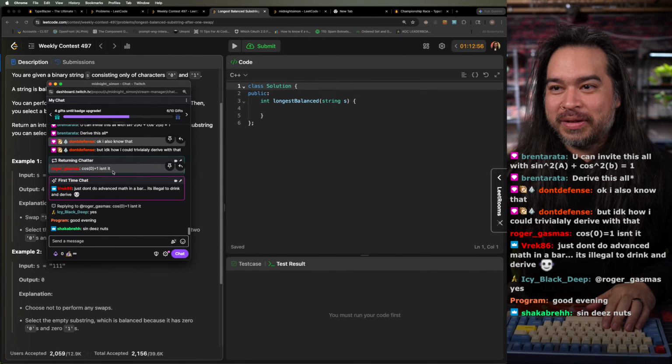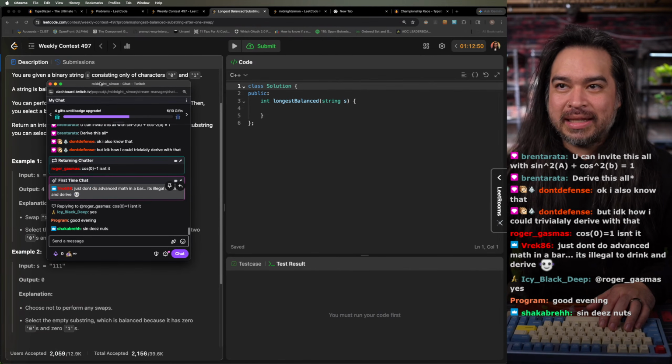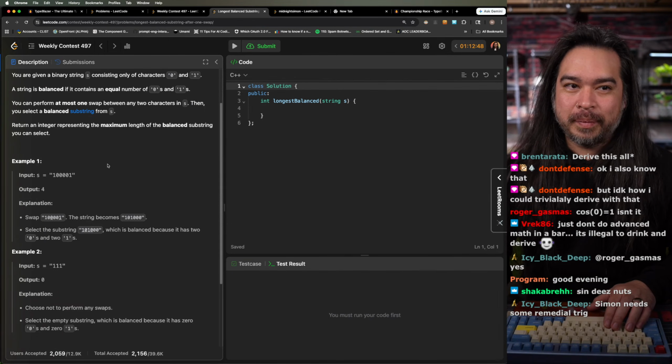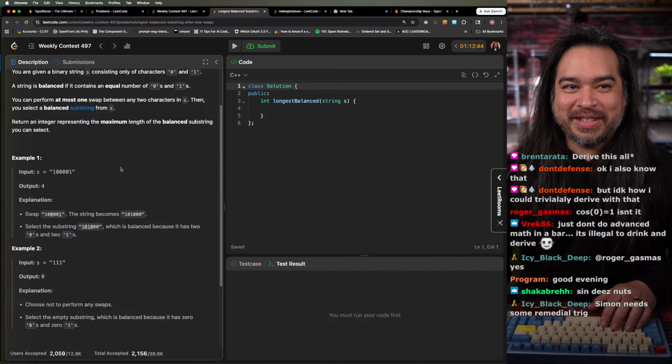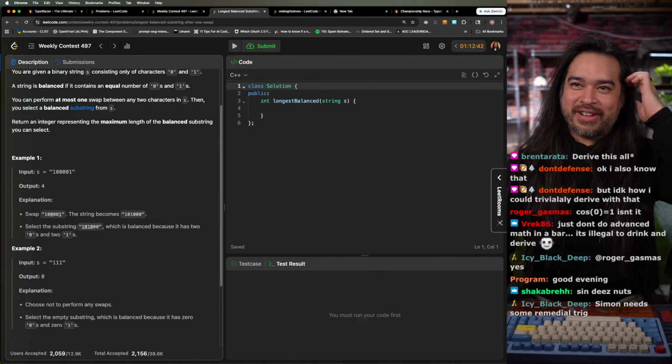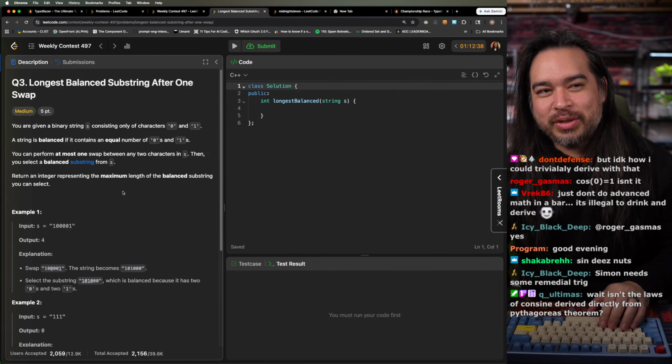Just don't do advanced math in a bar. It's illegal to drink and derive. I need some remedial trig. Come on, guys. You guys actually use trigonometry?